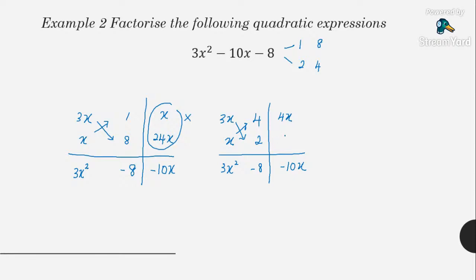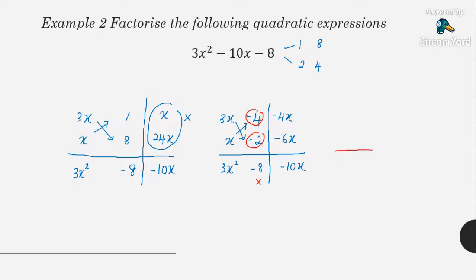This will be 6x. So I have to put negative, negative. So this is also negative and negative. However, if you look at negative 4 times negative 2, is this the correct answer? Negative 4 times negative 2, do I get a negative 8? No. So now this part is wrong.